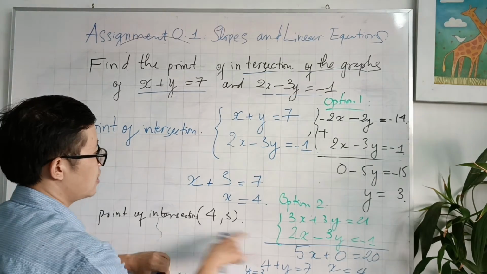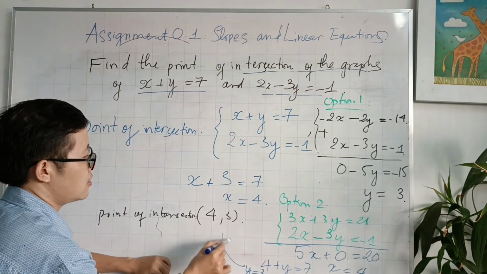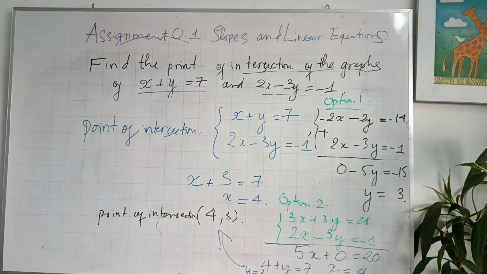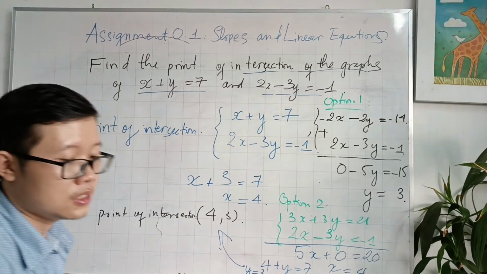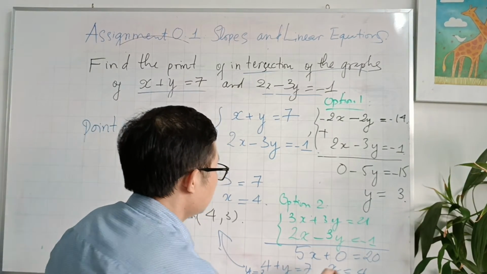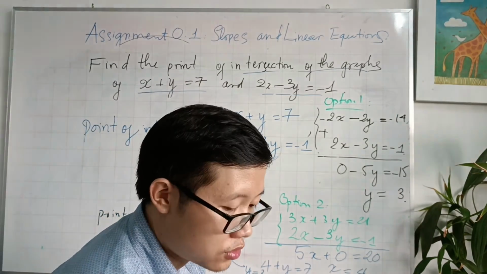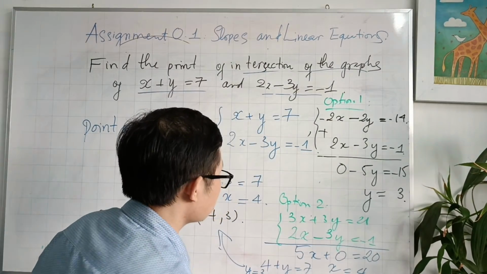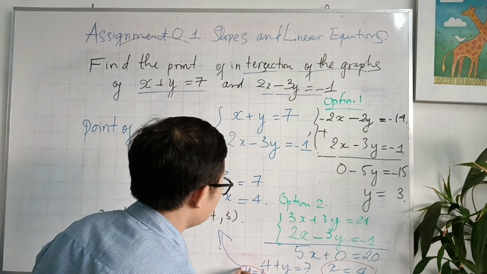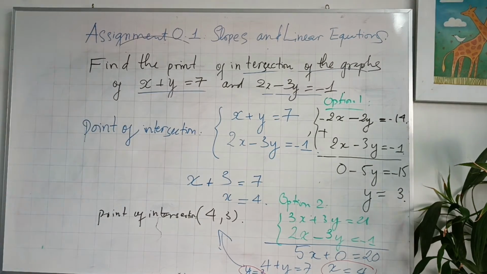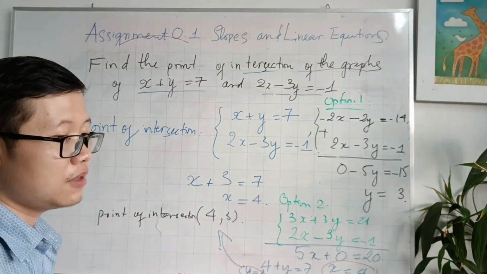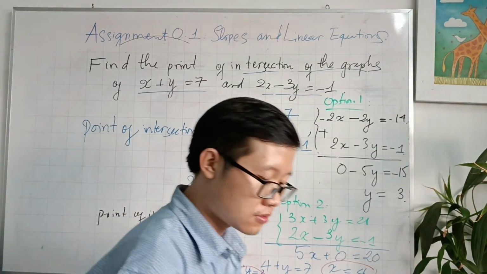So it has the same result: x equals 4 and y equals 3. Yes, it is the way to find the point of intersection of the two graphs.